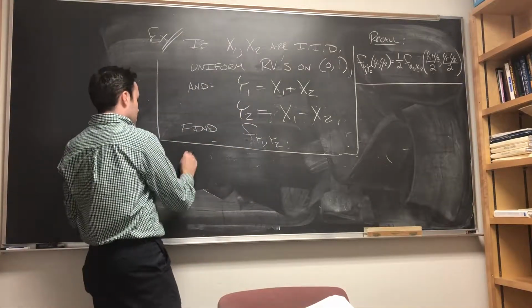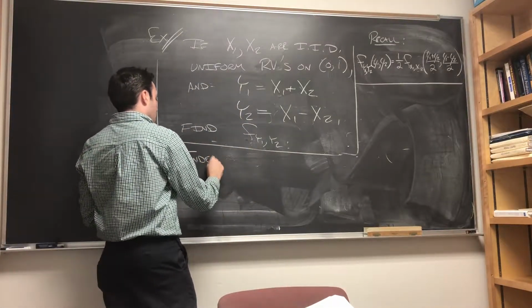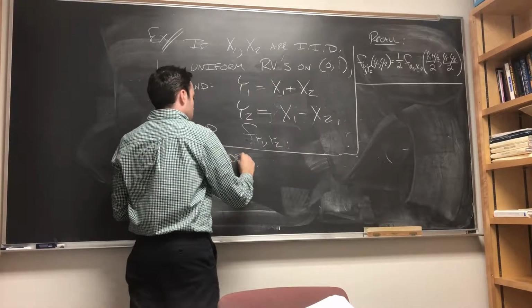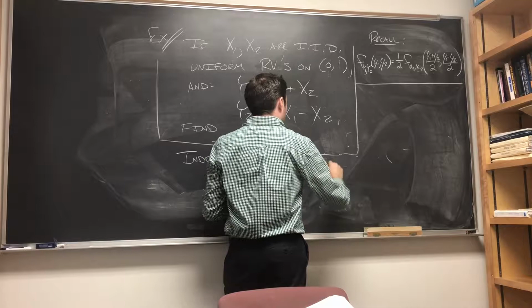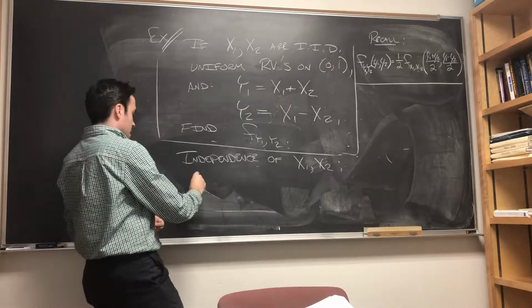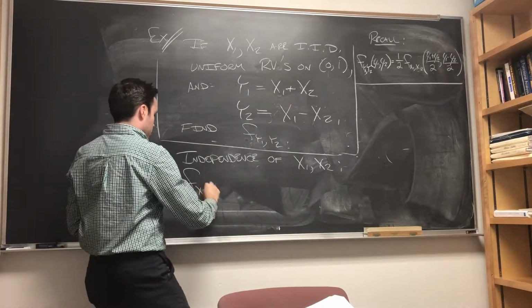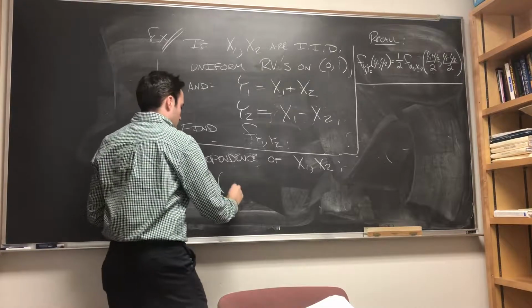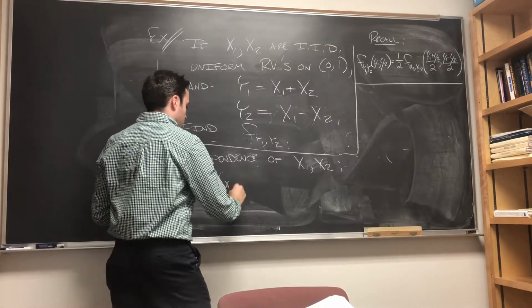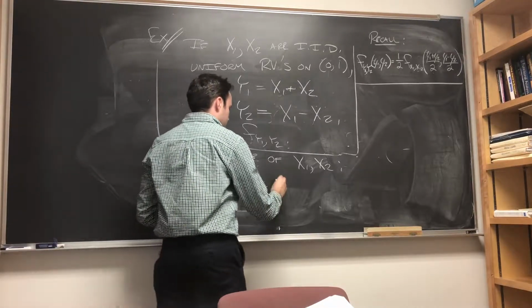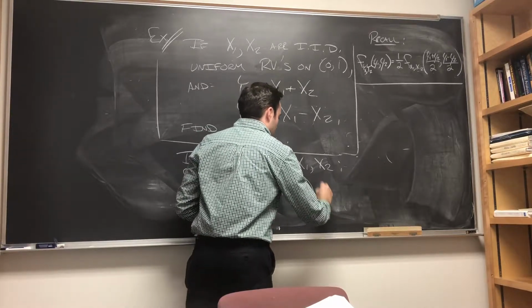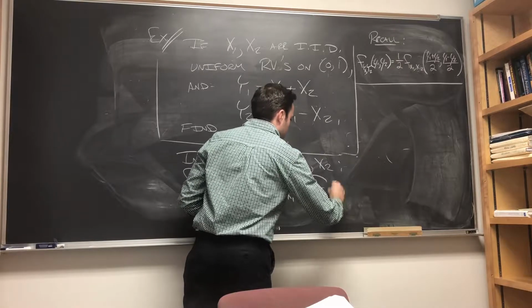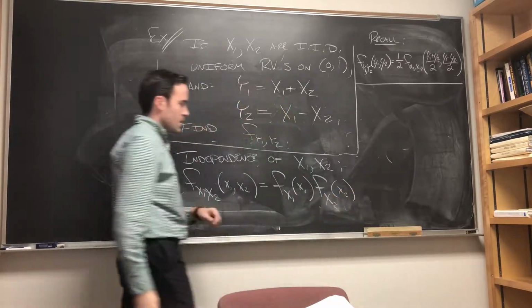So independence of x1 and x2 tells us that f sub x1, x2 of any x1 and any x2 is going to be exactly f sub x1 of x1 times f sub x2 of x2.